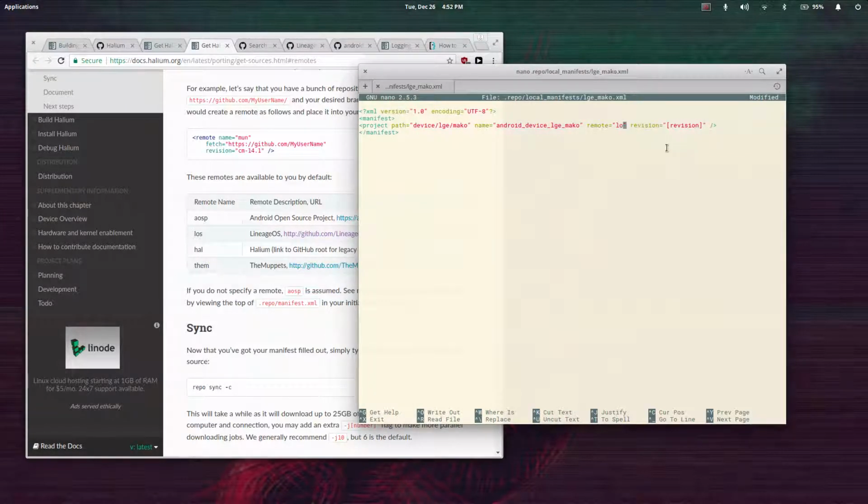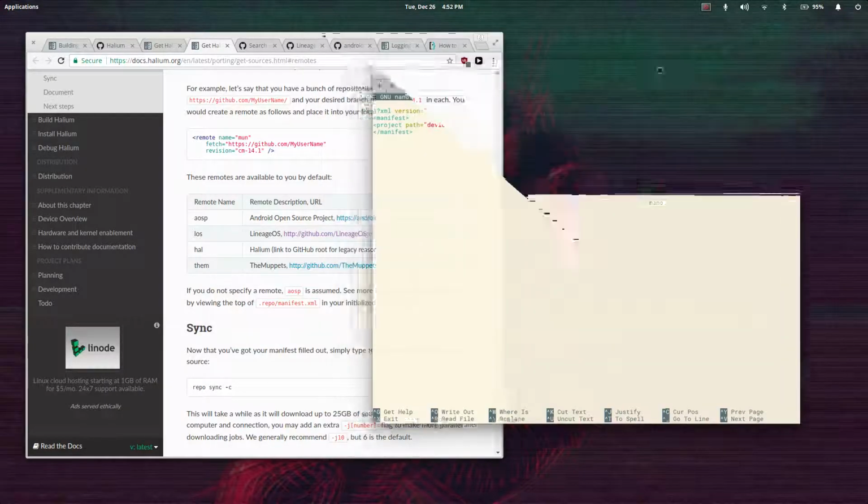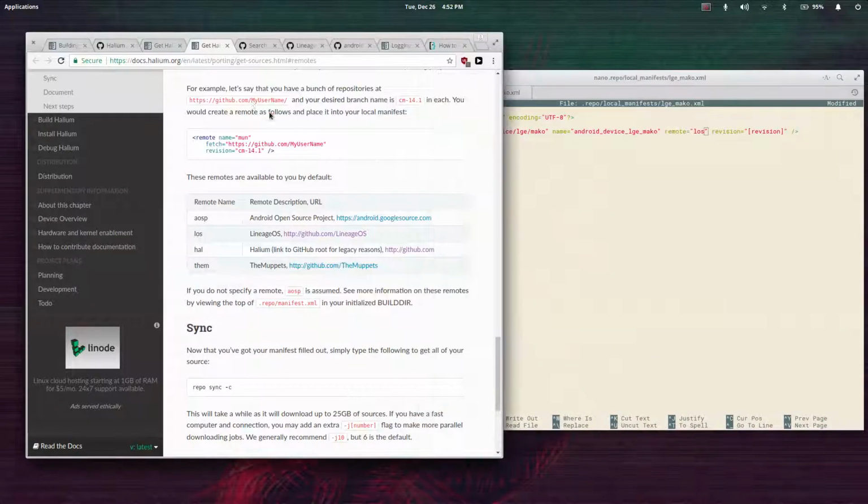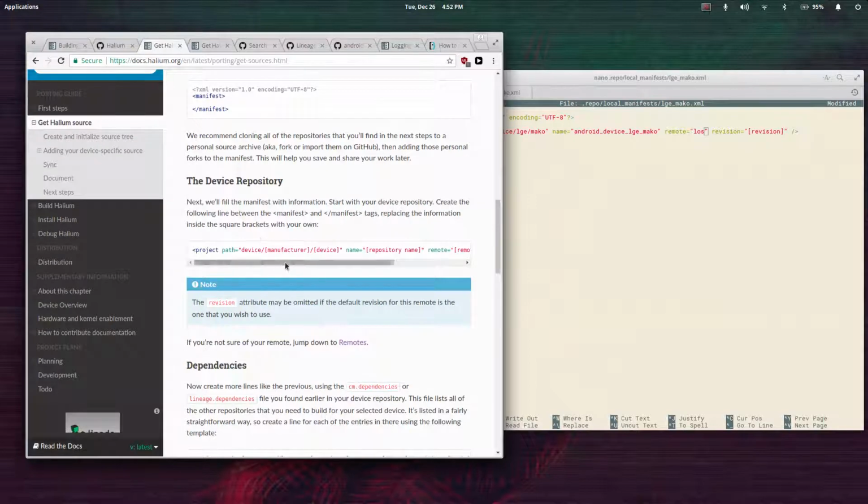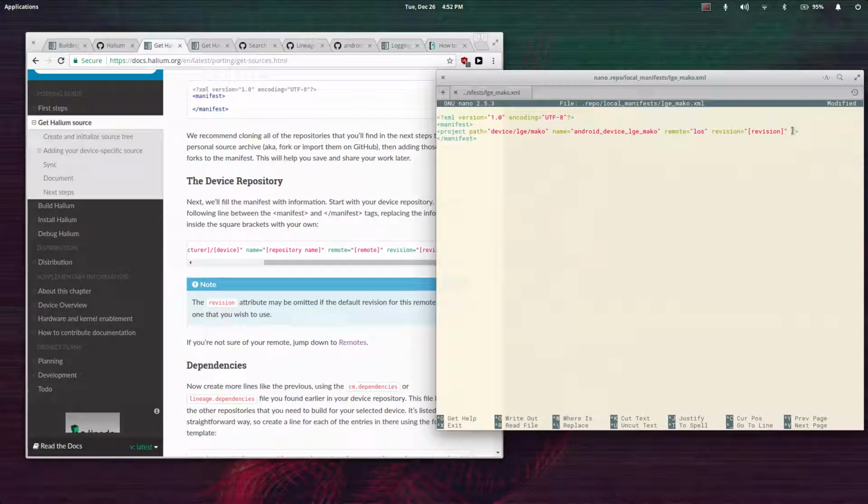Remote lineage OS, I guess. Revision. Yeah, let's call that default. Let's see if that works.